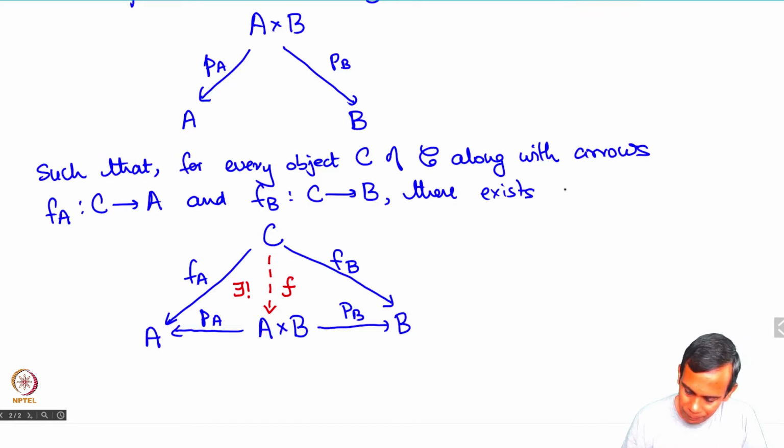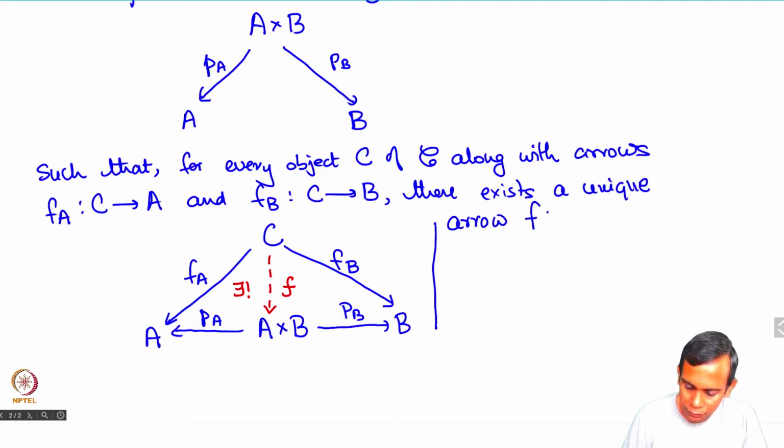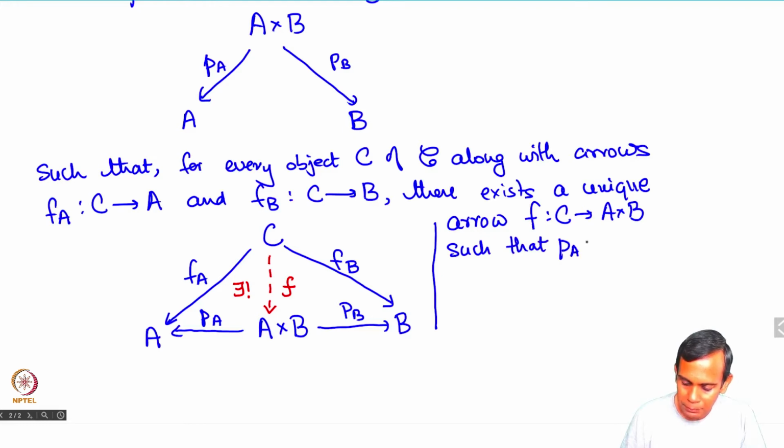There exists a unique arrow f from C to A cross B such that P subscript A circle f is equal to f subscript A and P subscript B circle f is equal to f subscript B.